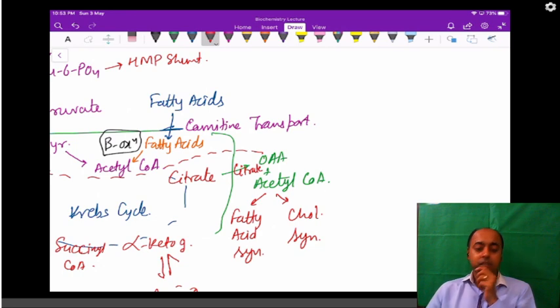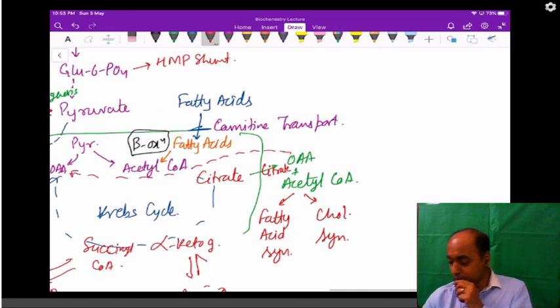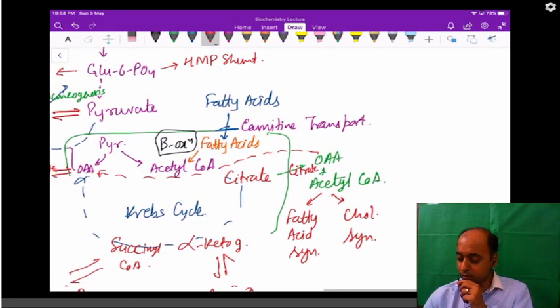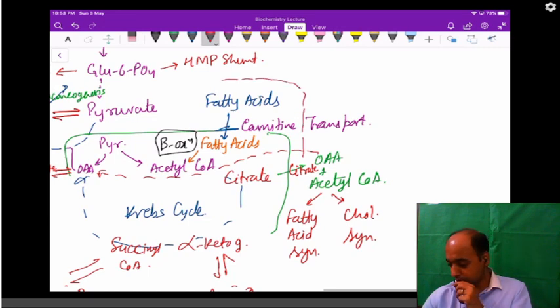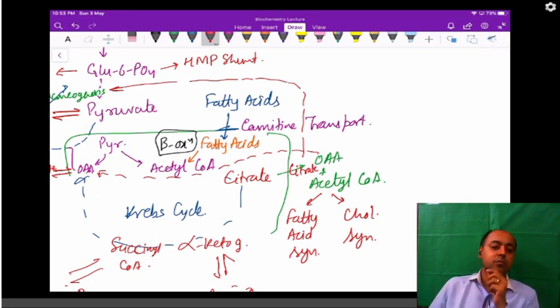The citrate in turn is able to regulate glycolysis. It also promotes fatty acid synthesis.